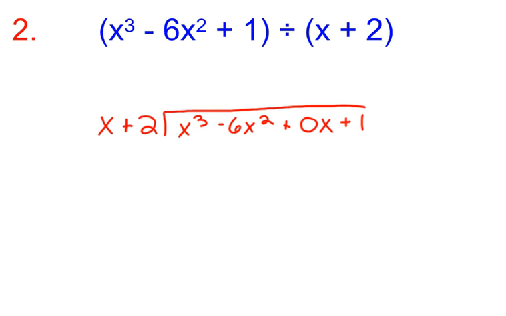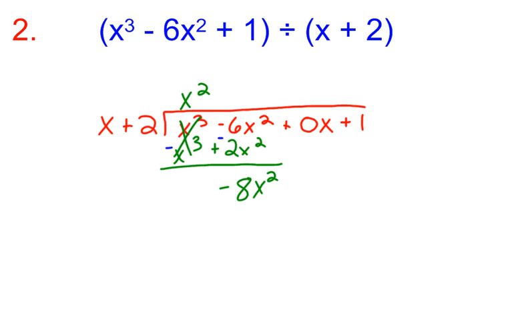So the first thing I would ask myself is, what times x makes x cubed? Oh, that'd be x squared, right? So when I distribute this to both, I'd get x cubed plus 2x squared. Now remember, we're subtracting, so I'm going to change these signs. This added up to 0. I now have negative 8x squared, and I bring down the plus 0x, which seems weird right now, but you'll see why. Then I ask myself, what times x would make negative 8x squared?